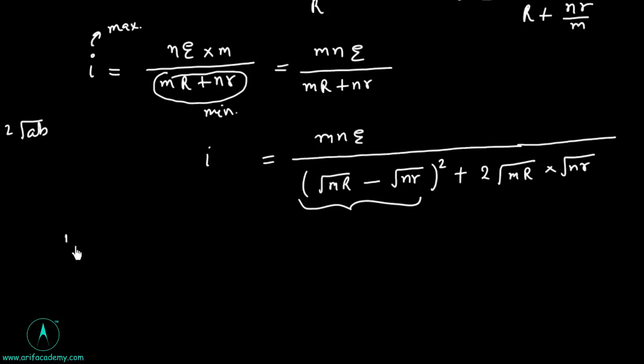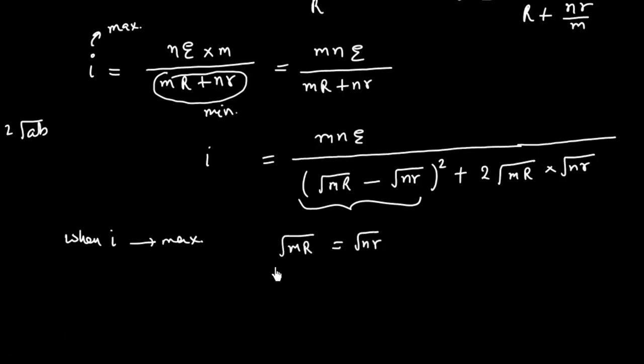So when I becomes maximum, √(mR) equals √(nR), and this can be written as mR = nR.